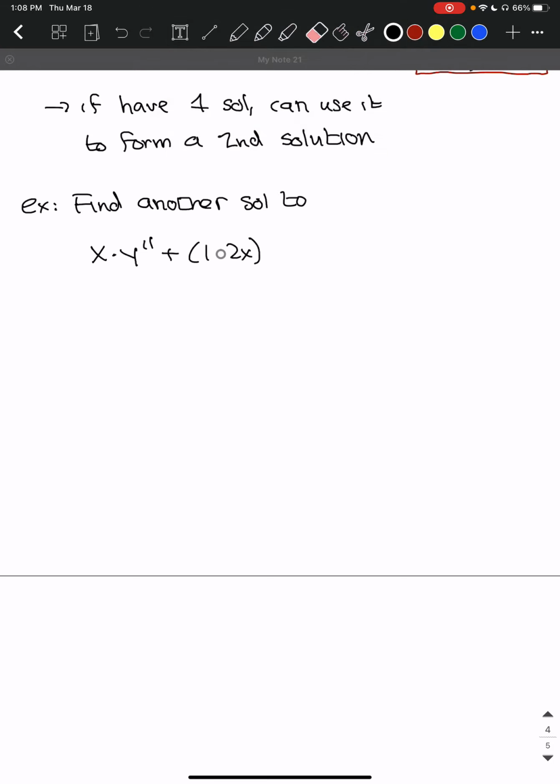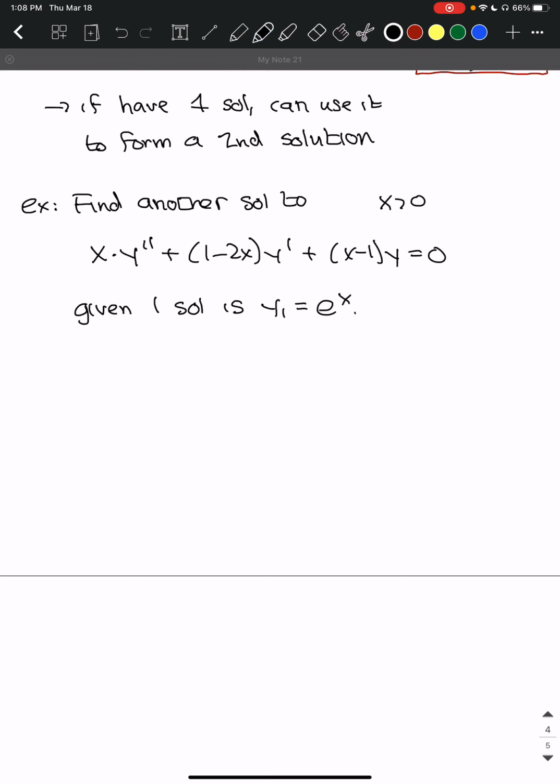Sorry, this is a minus. 1 minus 2x y prime plus x minus 1 y is equal to 0, given one solution is y1 is equal to e to the x. We're not going to impose an initial condition here, but we'll say that x is greater than 0, so we don't run into any trouble with dividing by x.